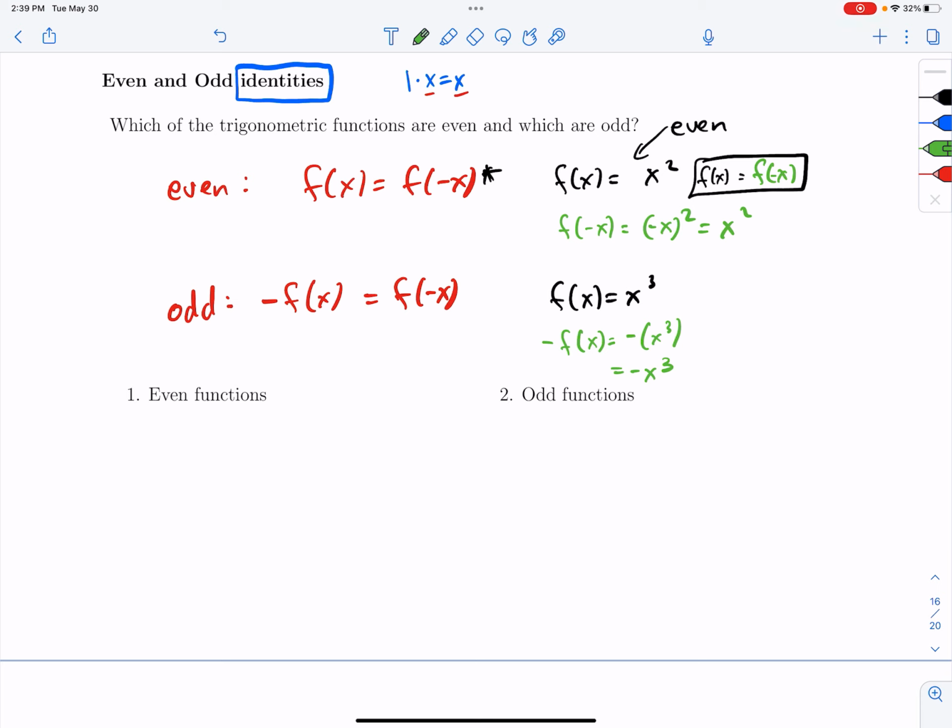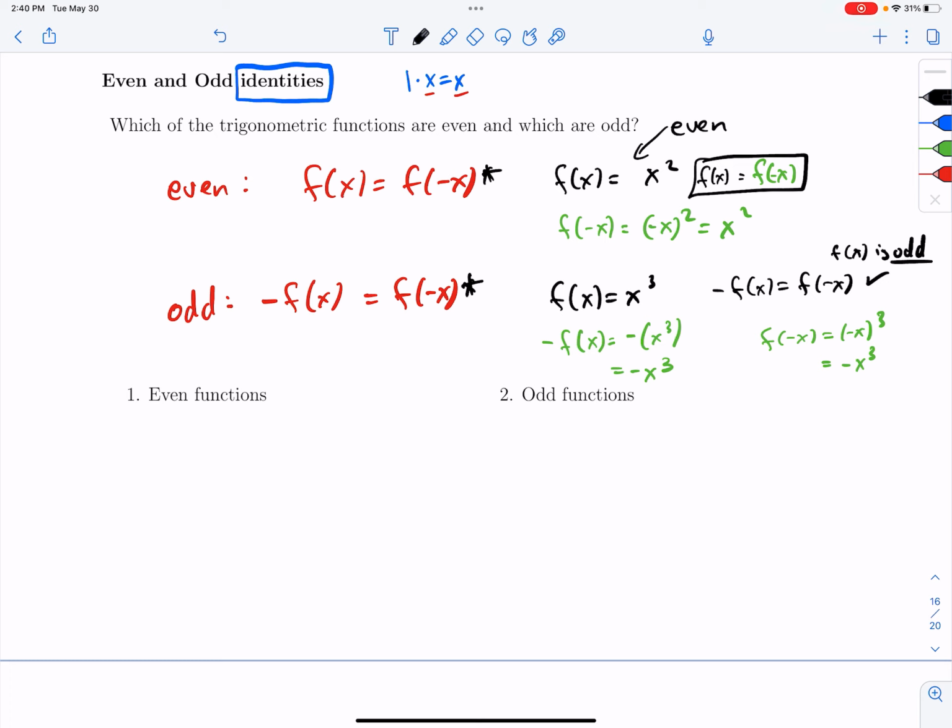And then f of negative x, well, that's going to be negative x cubed. A negative times itself still comes out to negative. So what we've shown is that negative of f of x is equal to f of negative x. That's true, so that means f of x is odd here. Okay, so we verified that this is true.